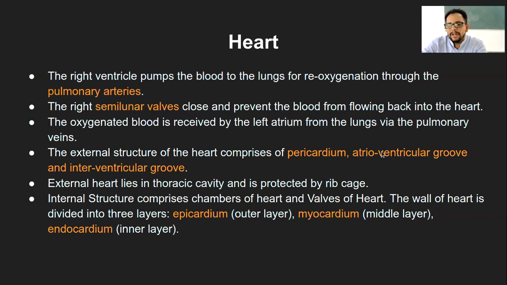The pericardium is the outermost covering within which the heart is located. The heart lies in the thoracic cavity and is protected by the rib cage. So that is the location-wise.